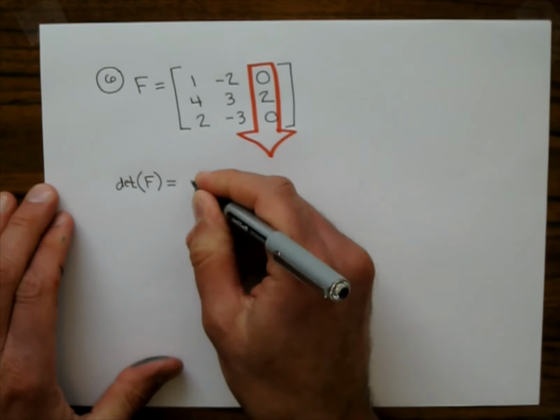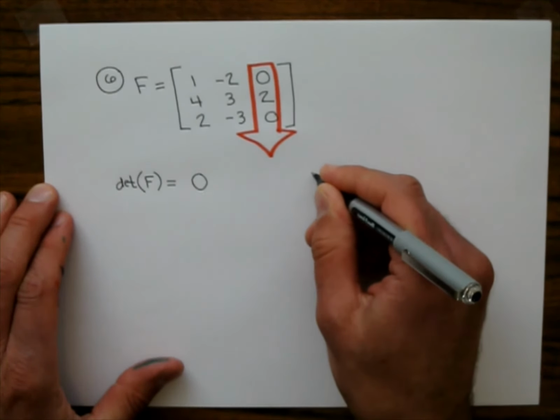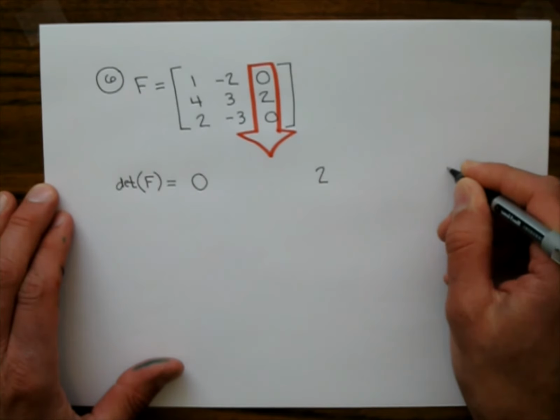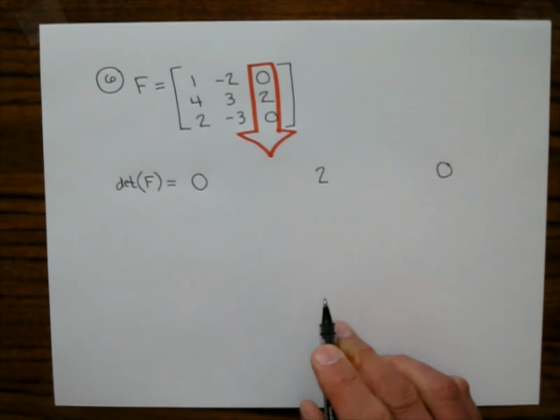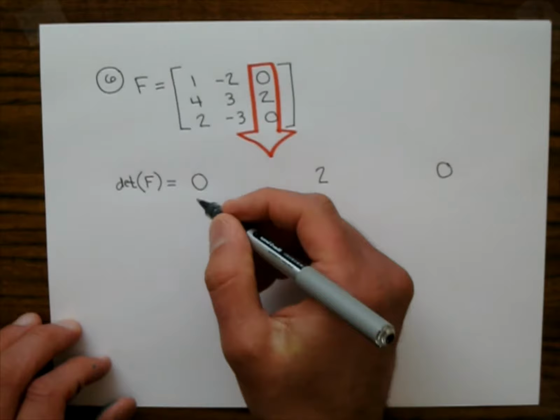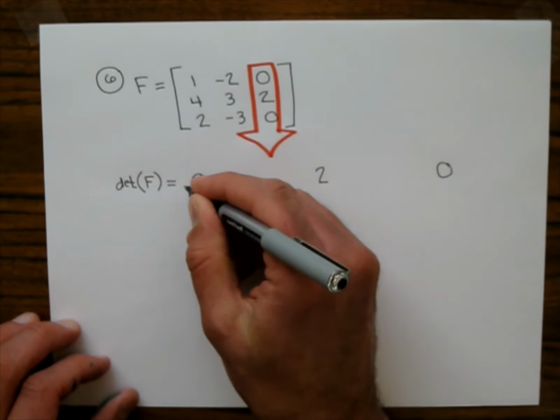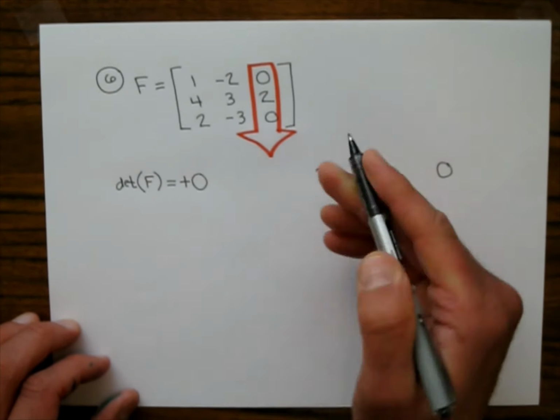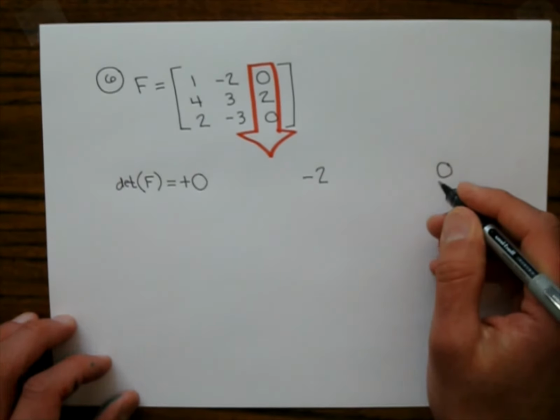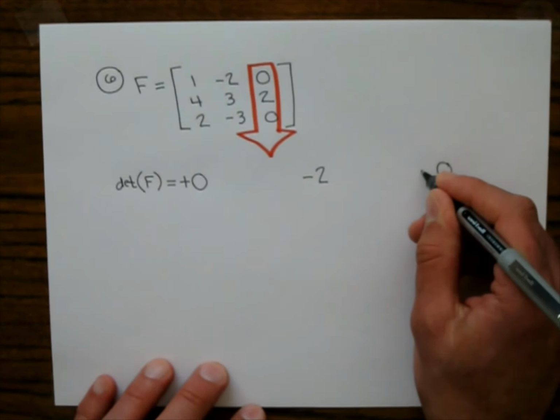So watch this. This is 0, 2, 0. And this first 0 is in the plus, minus, plus pattern: it's in the positive position, this is in the minus position, and this is in the plus position.